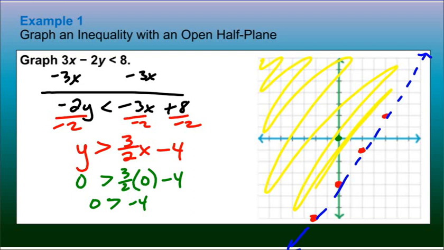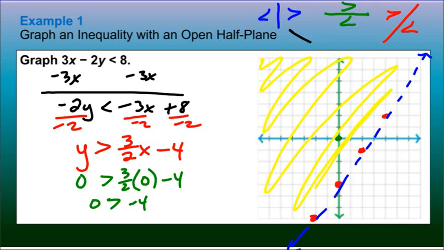Another way of thinking of this: if I have a vertical line, this side is the less than, this side is the greater than. If I have a horizontal line, greater than is above, less than is below. If I have a diagonal going up from left to right, this is greater than, this is less than.